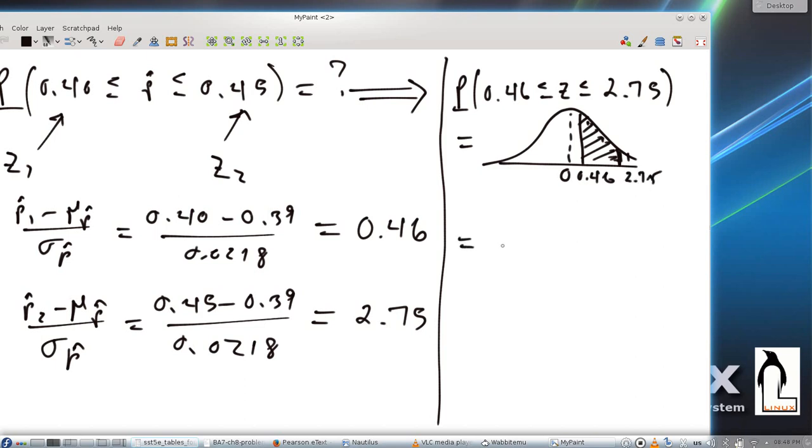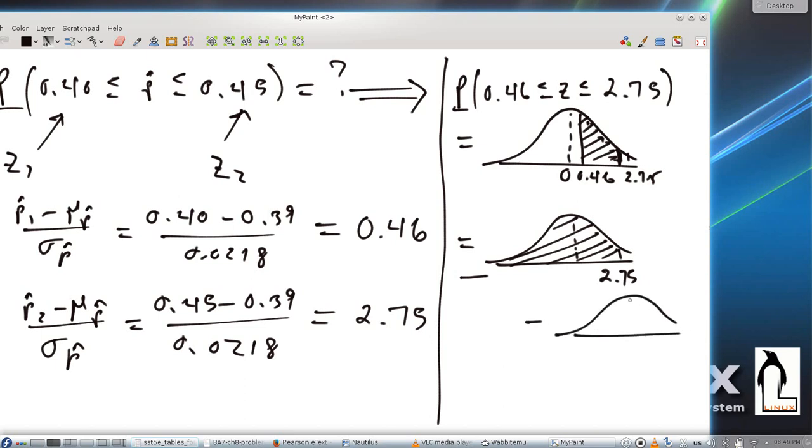And we can split this. We can use the difference: read everything from negative infinity, right here, all the way to 2.75. So we read almost the entire curve like that, from negative infinity to 2.75, and then minus the curve from negative infinity to 0.46, somewhere around here.